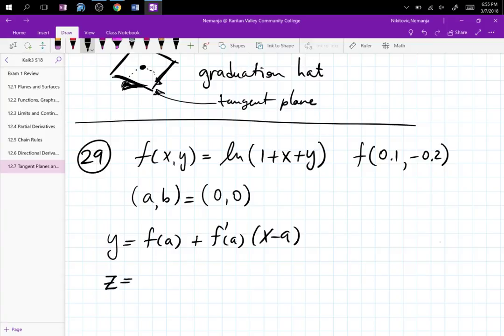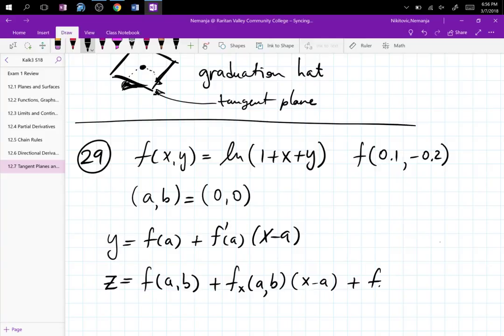So if this is z, then this over here must be f of a, b, plus the partial derivative f x computed at a, b times x minus a. And then we also need the other one, which is f y computed at a, b, with y minus b.